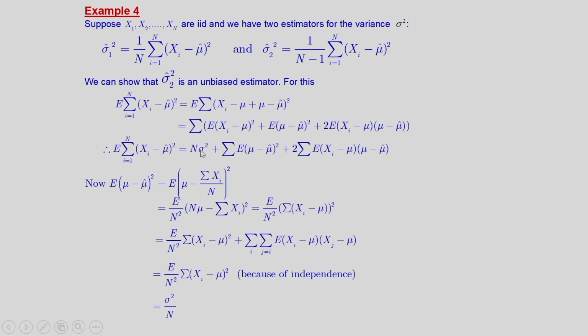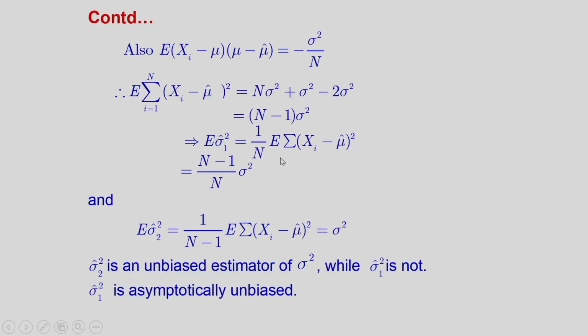This is equal to n sigma square plus sigma square minus 2 sigma square. Because this is sigma square and this is minus 2 sigma square, it will become (n minus 1) sigma square.